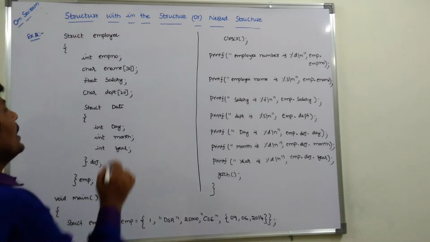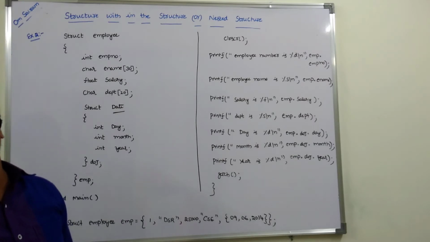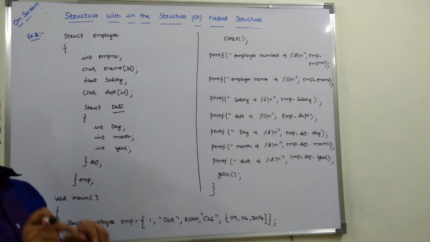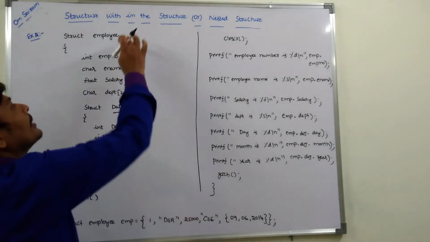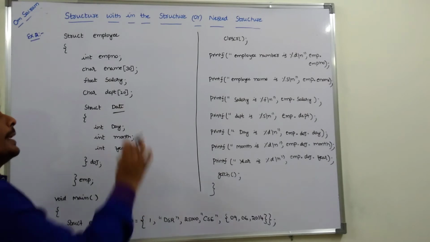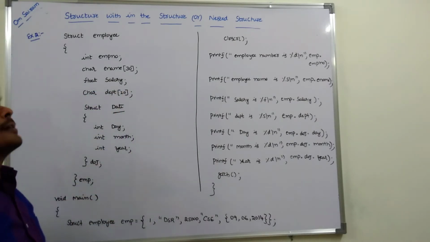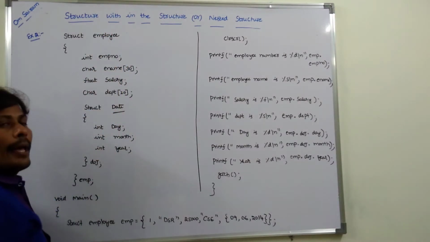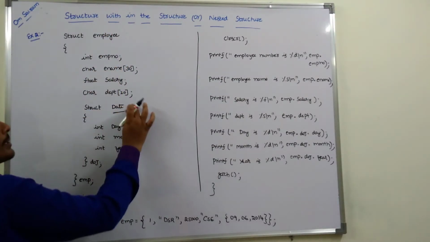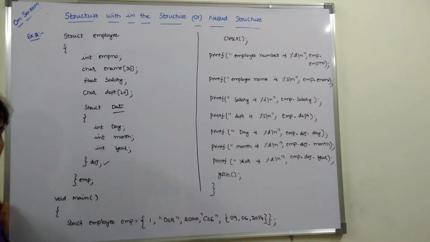So the structure date can be written as a member inside the other structure, which is employee. For the date structure we can create a variable called doj.